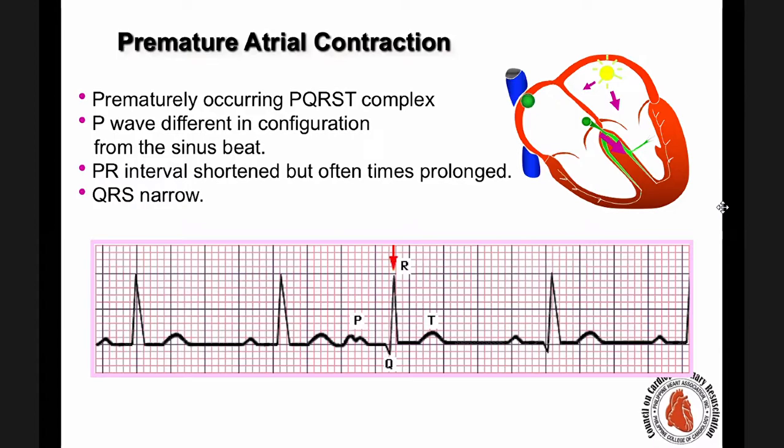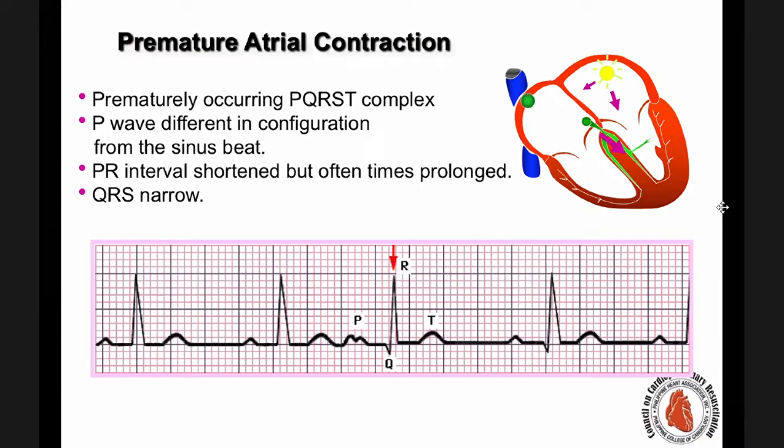So let me just clarify that if the electrical impulse to the ventricles is through the conducting system, it will produce a narrow QRS complex. But if the conduction of the electrical impulse is outside the conducting system, meaning to say muscle to muscle yung conduction, the travel time of the electrical impulse is longer, and that's why the QRS complex is widened.